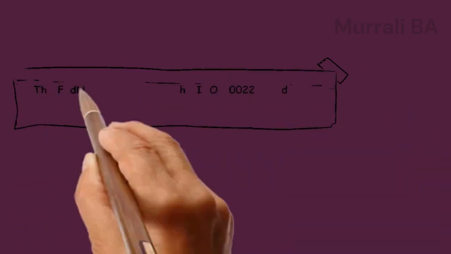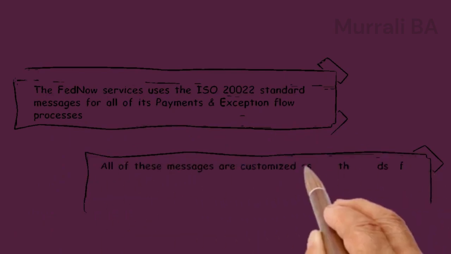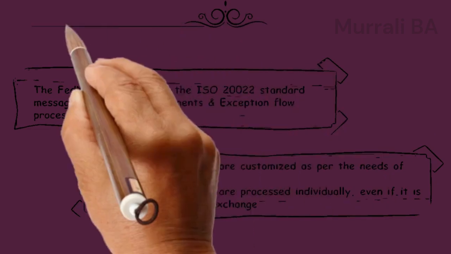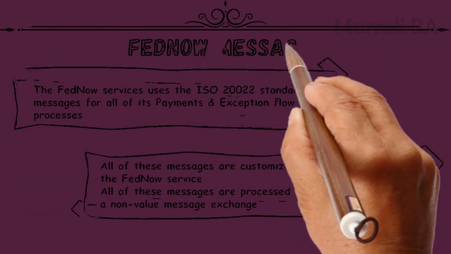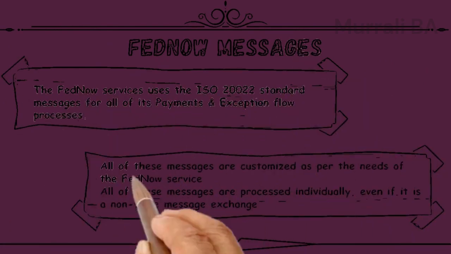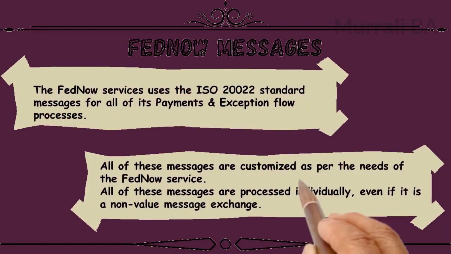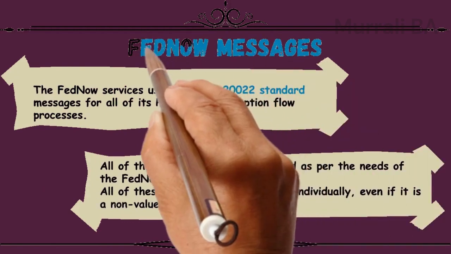Every system requires a seamless communication network for its data exchange. From that context, we understood about the FedNow communication network in the previous videos. From this video onwards, we begin to understand how the data exchange happens in the FedNow system. The FedNow system uses the standardized ISO 20022 defined messages for various business flows.